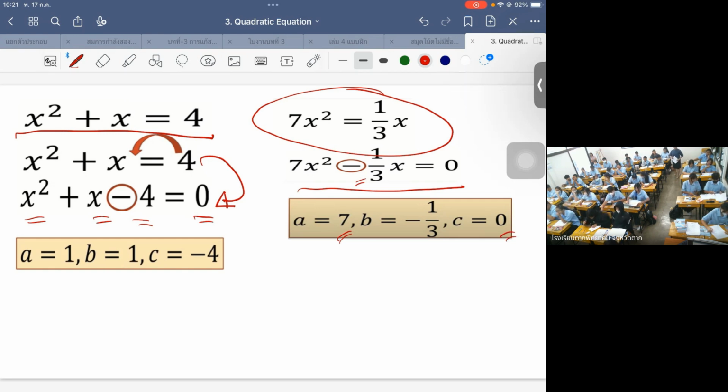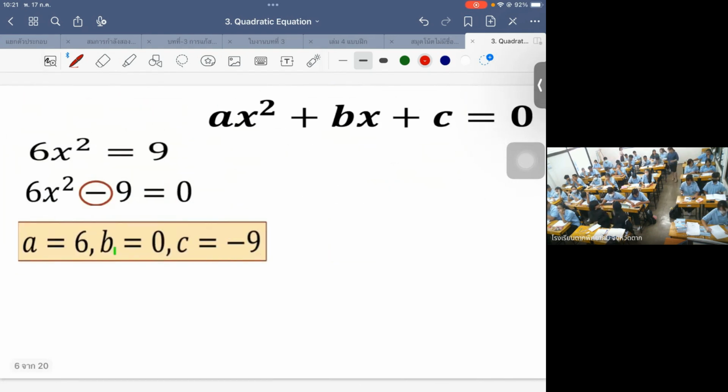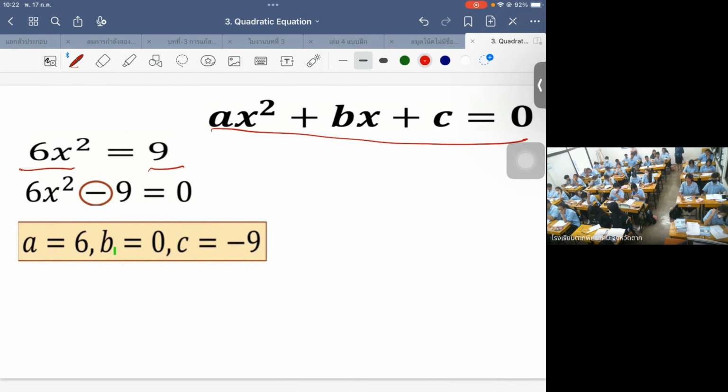Understood? Now, another example. So by using standard form again, for the quadratic equation, we have 6x squared is equal to 9. So we need to transpose that. So it will become a negative 9.